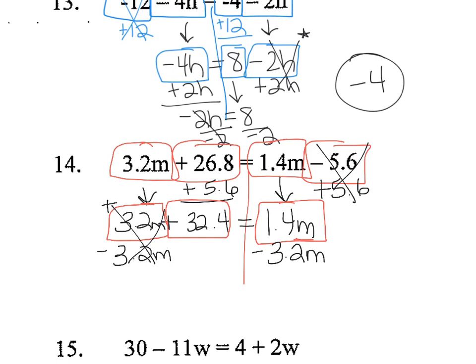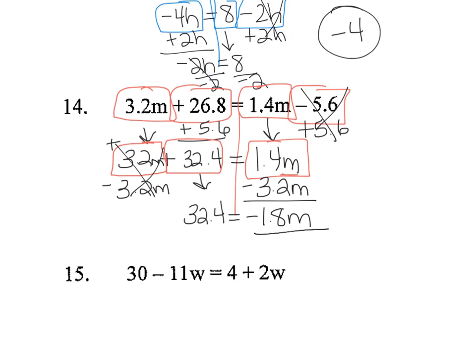So 1.4 minus 3.2 is negative 1.8, and bring down 32.4. Last step is to divide, and make sure you divide with that negative. Divide by negative 1.8, divide by negative 1.8. So 32.4 divided by negative 1.8 is negative 18.